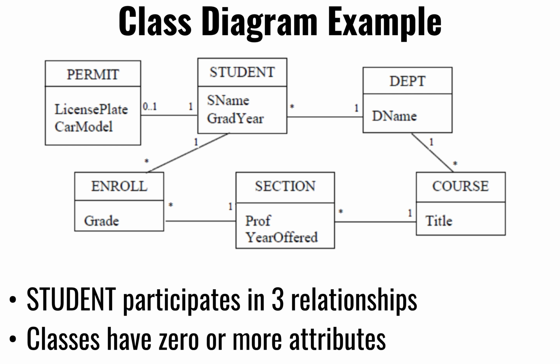So one of the things we'd like to be able to do is identify how we can map these two worlds: the relational world, where there are tables and fields and foreign keys and primary keys, to a graphical representation that might look like this. For instance, in the previous set of slides, we looked at tables that represented students and sections and departments and enrollments and whatnot. Well, here's an equivalent class diagram.